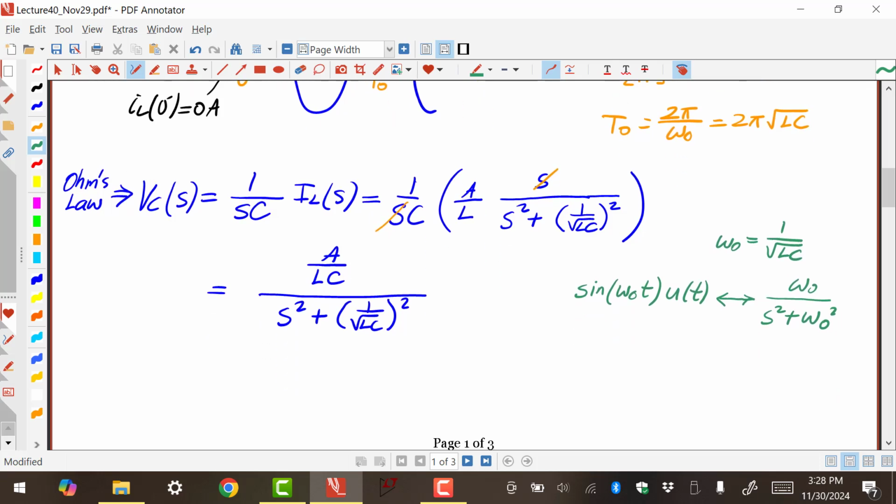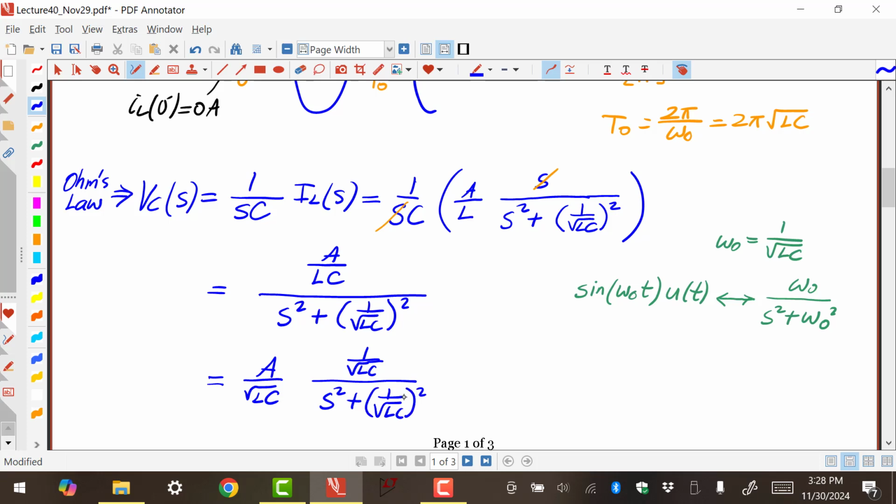So here's what we're going to do. We're going to write it this way. We're going to write this as A over root LC times 1 over root LC over s squared plus 1 over root LC, squared.